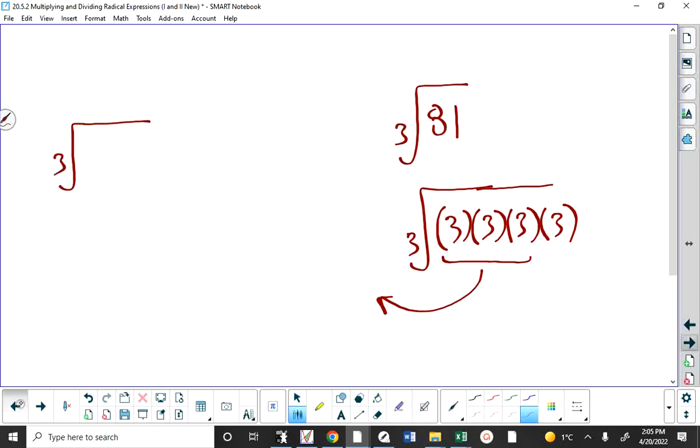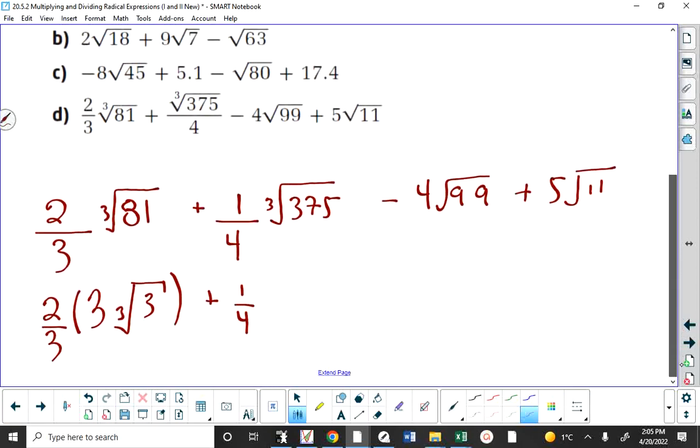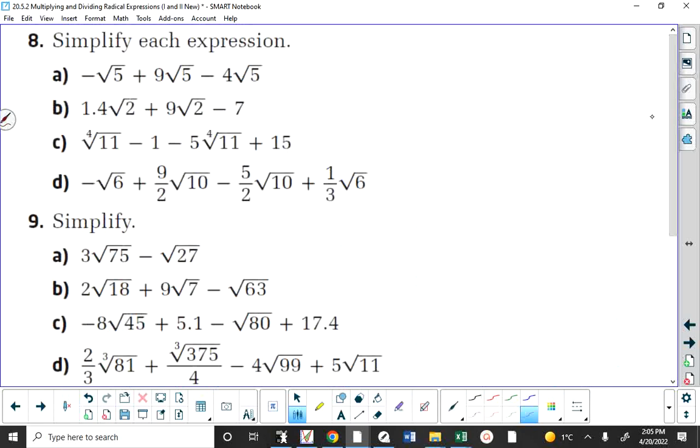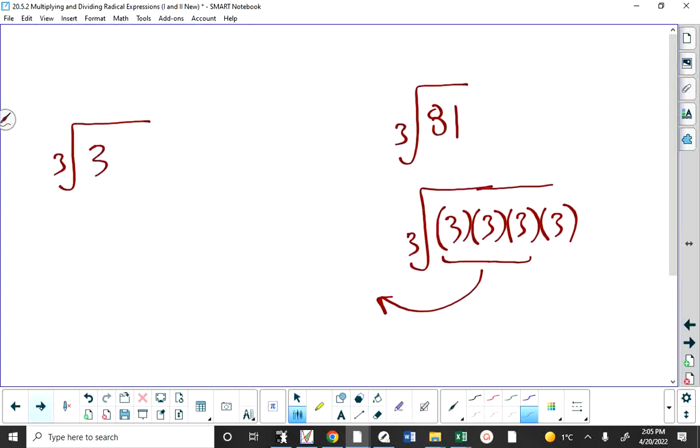I think it's a cube root. I didn't even really look. Yep. 375. 375 is divisible by 25 15 times, I believe. Can somebody confirm that 15 times 25 is 375? It is.